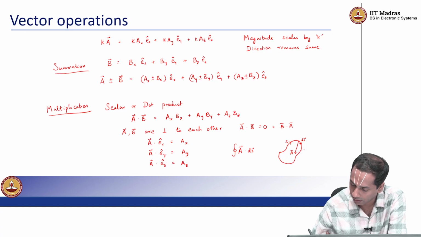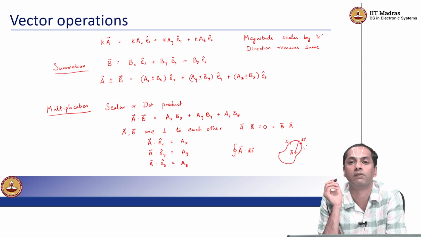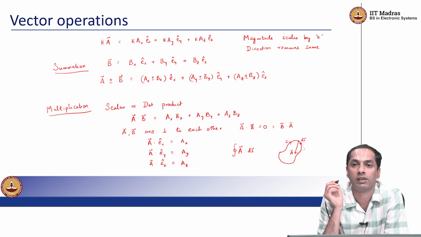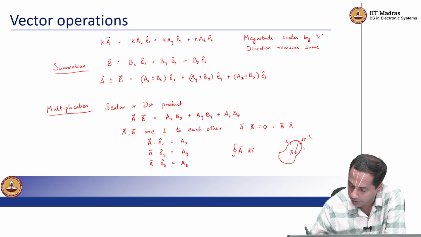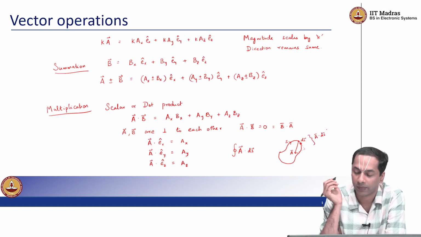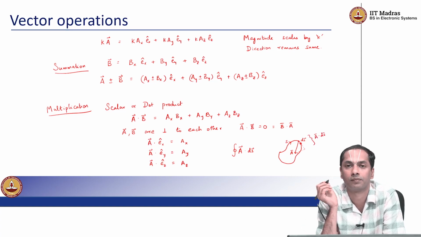So if I were to project the vector A along the direction of ds and then asked what this length is, that would be A dot ds, right.